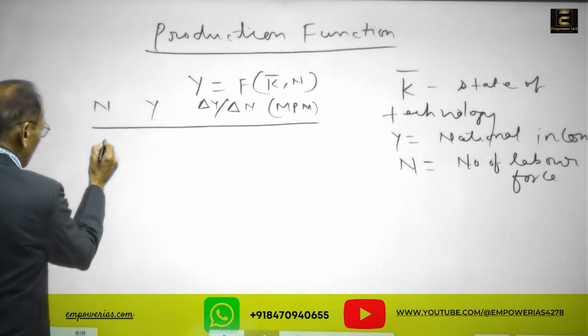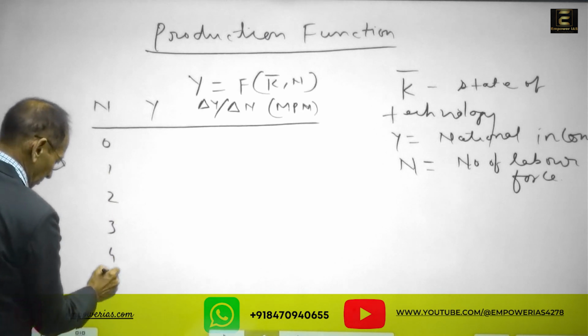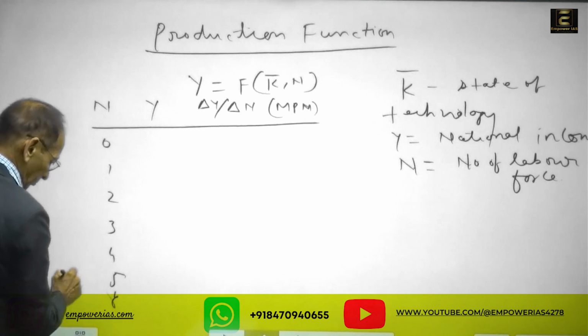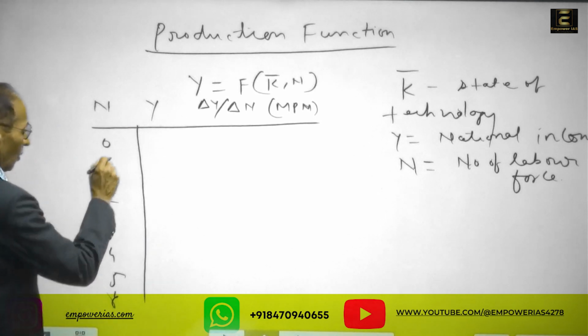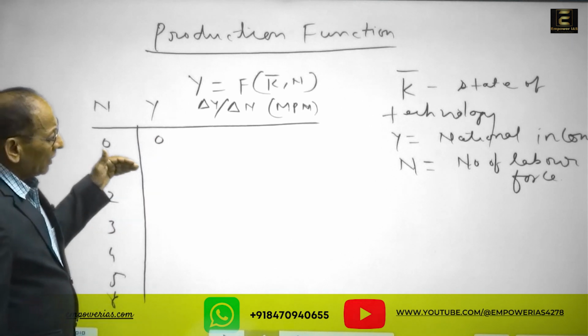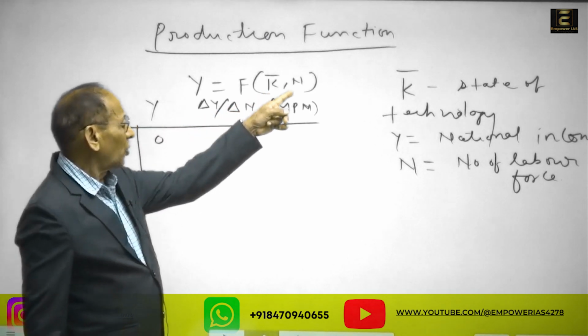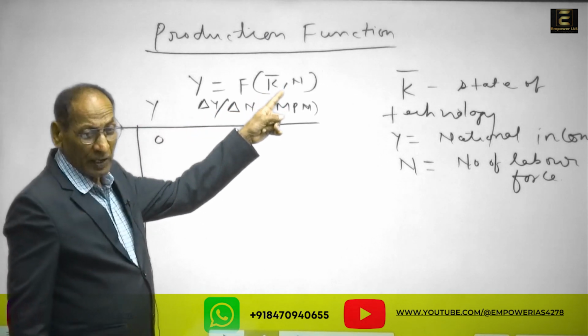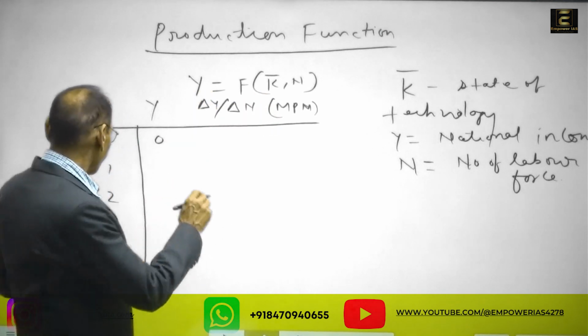Number of labor levels like 0, 1, up to 6. Since the number of labor is 0, definitely if you put the number of labor as 0, since n is the only variable factor, output will also be 0.